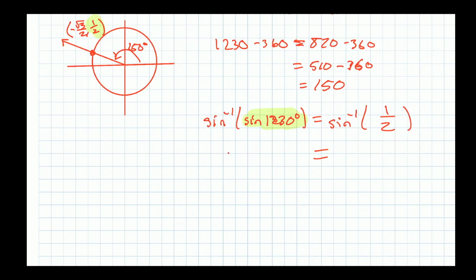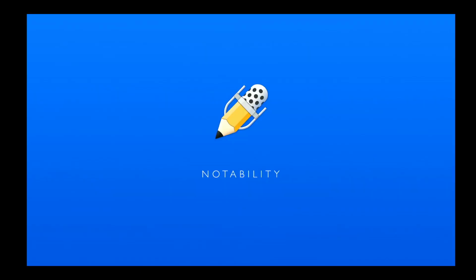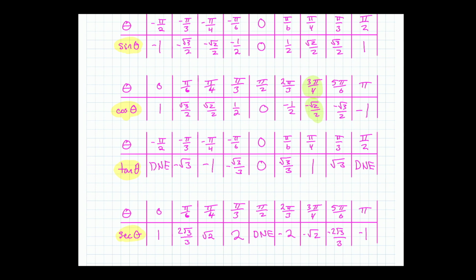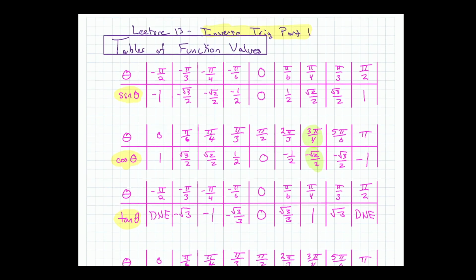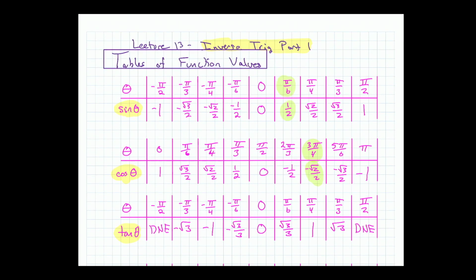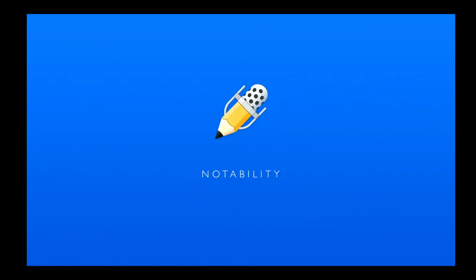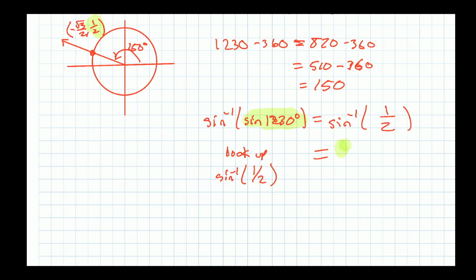And then I'm going to go look up sine inverse of 1/2 in my other set of notes. So 1/2 is here, pi over 6 is here. So the answer is pi over 6. But that is in degrees. It's 30 degrees.